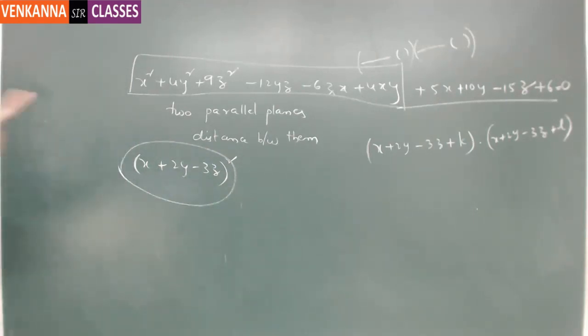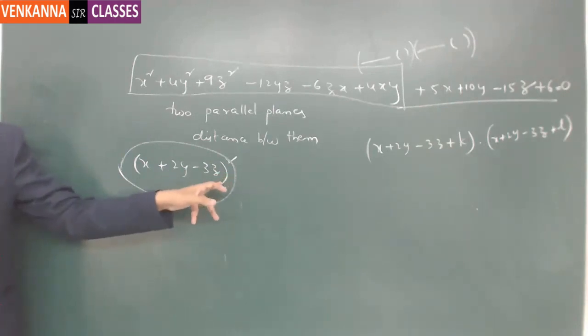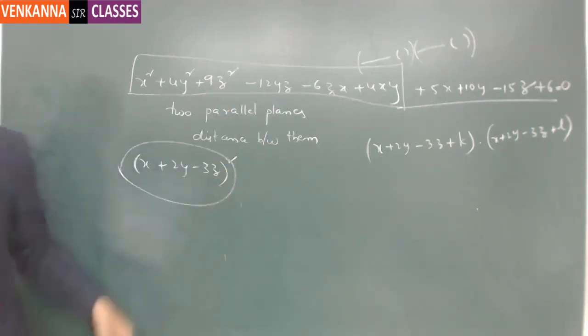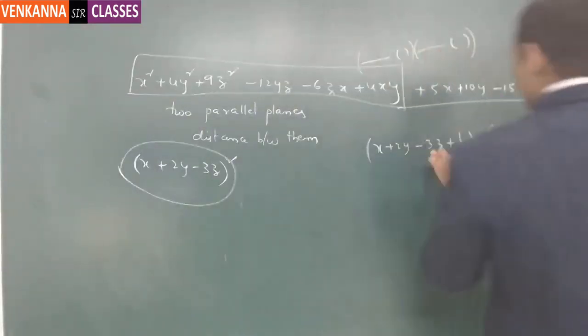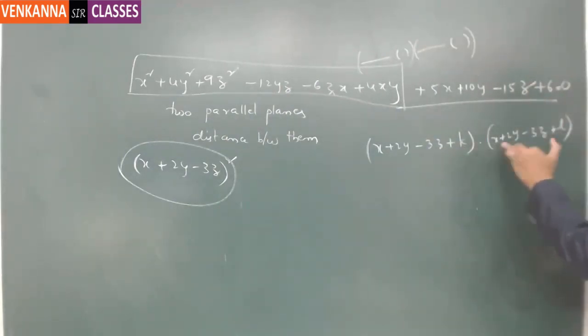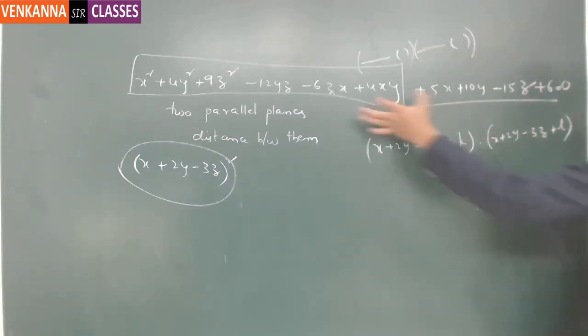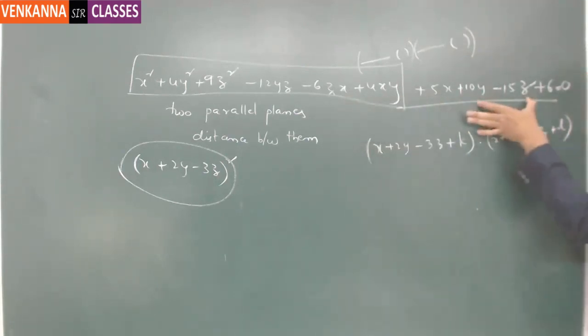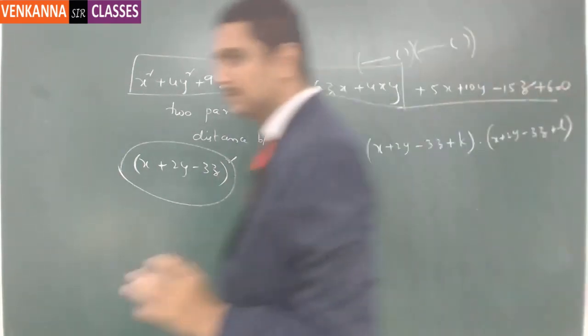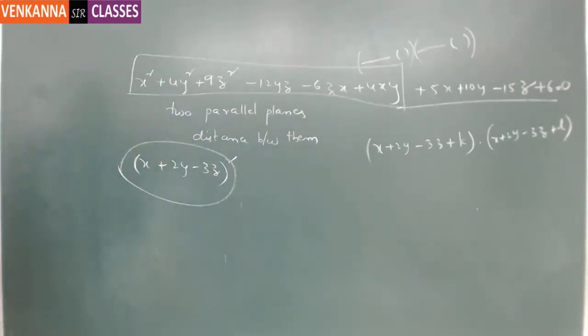So what happens? The non-homogeneous part is a result of including the constant term here. So the parallel planes will be x plus 2y minus 3z plus some constant, and x plus 2y minus 3z plus some constant. If you multiply these two planes together, then this total thing is nothing but the homogeneous part plus this extra thing. Okay? Right.